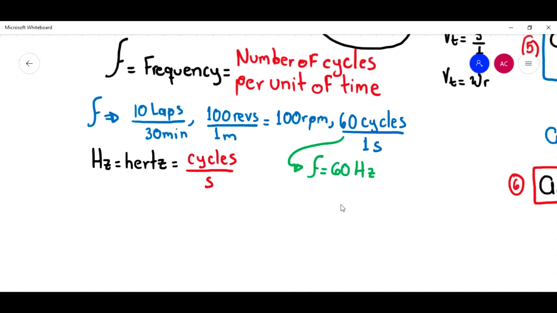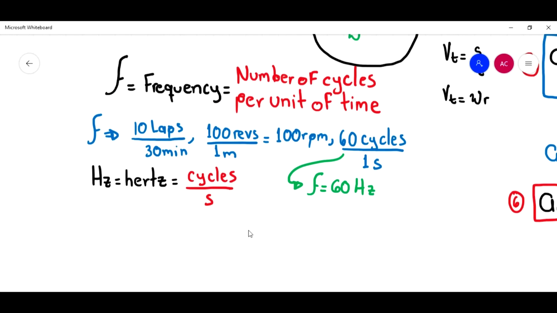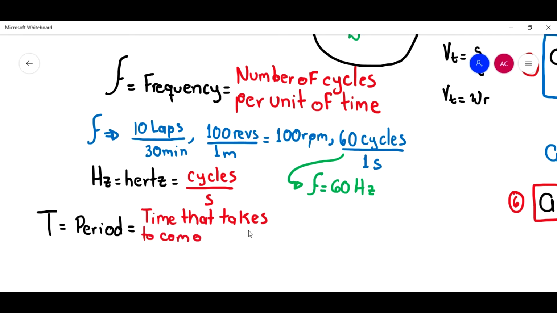Okay, so there is another concept that is called period. Okay, T equals period. Okay, so what is the definition for period? Okay, it is the time that takes a body or something to complete one cycle.